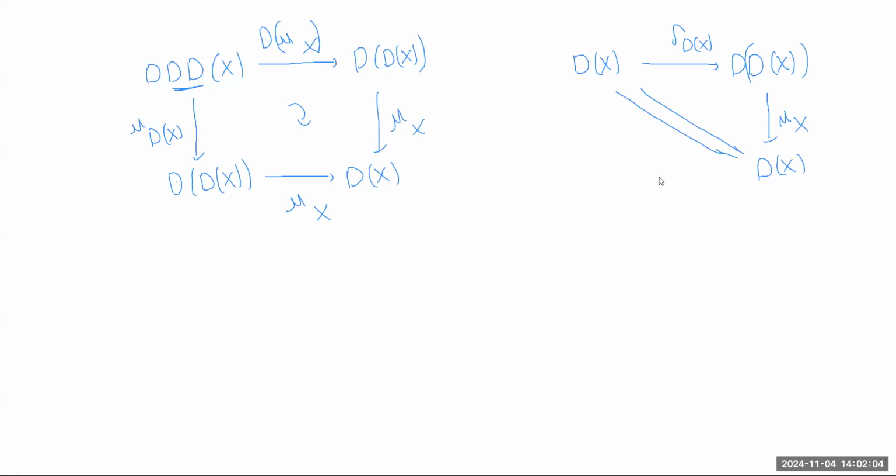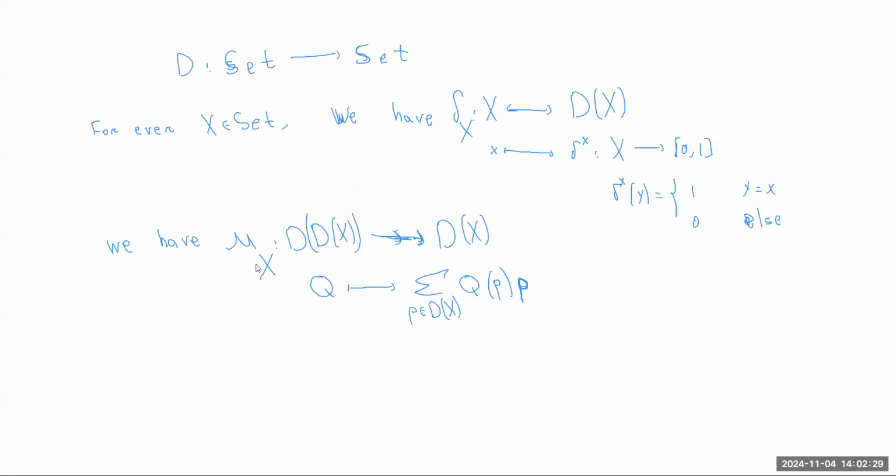And if we do it the other way around, if we do now D of delta X, that also goes to DX, and then we do the multiplication, this will also be the identity. That means that this plays the role of the unit. That's why we call it the unit, this delta X, and this we call the multiplication.